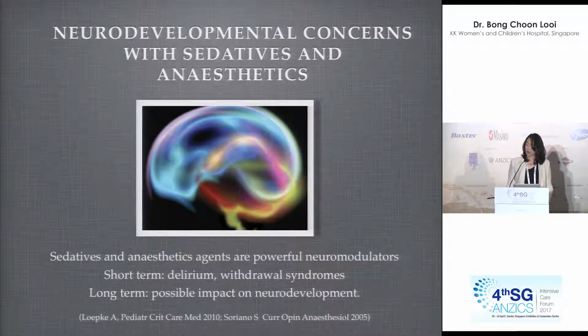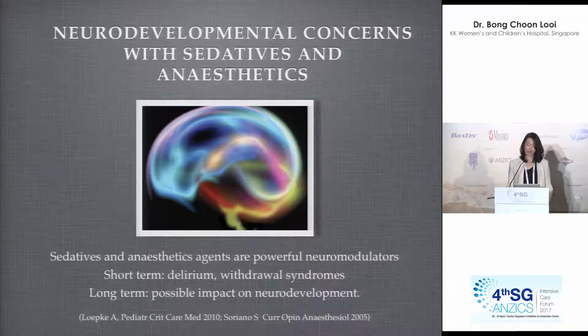Yet at the same time, we now have new data showing that there may be some neurodevelopmental concerns associated with the very sedatives and anesthetics and analgesics that we use to treat pain and distress. We now know that sedative and anesthetic agents are powerful neuromodulators that have the capacity to permanently change the structure and function of the central nervous system.